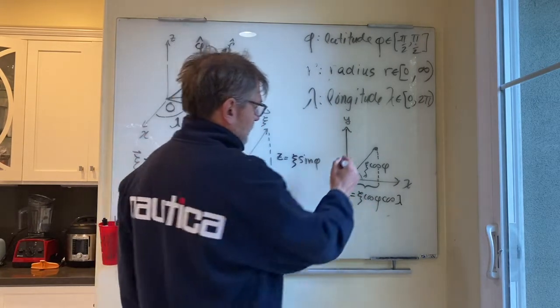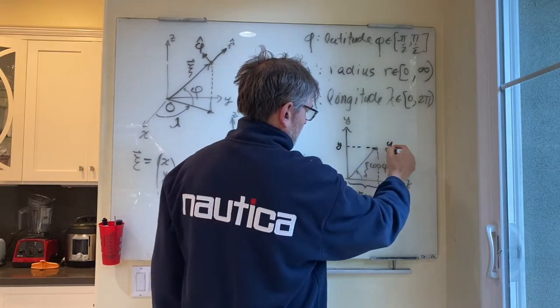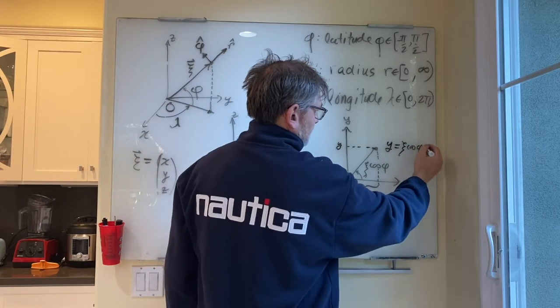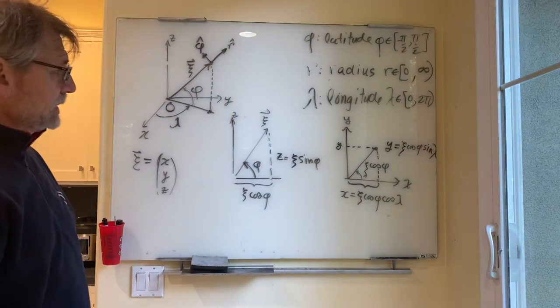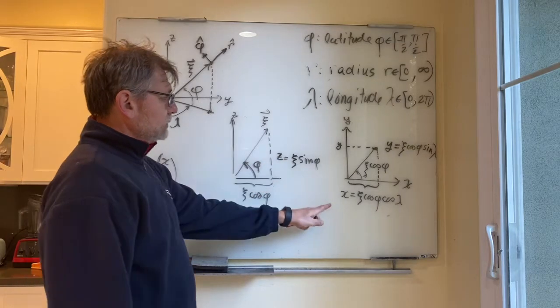And we can do the same thing along here to get the y coordinate. So the y is going to be C cosine phi times the sine of lambda, of the longitude. I hope you can see that on the edge. All right, so now we have our z coordinate, our x coordinate, and our y coordinate.